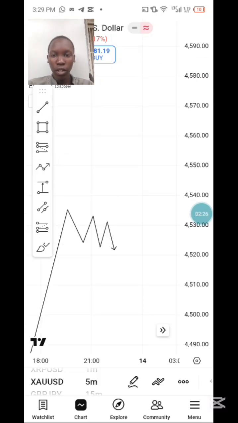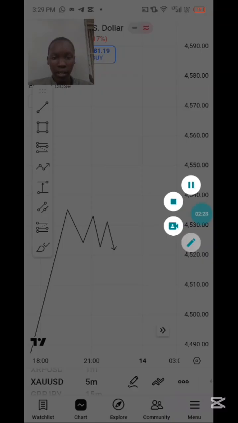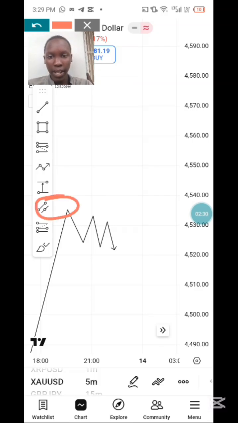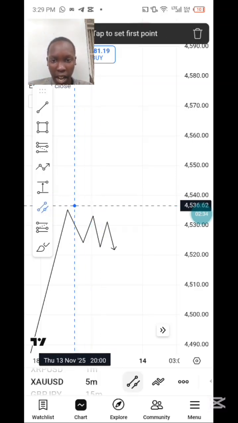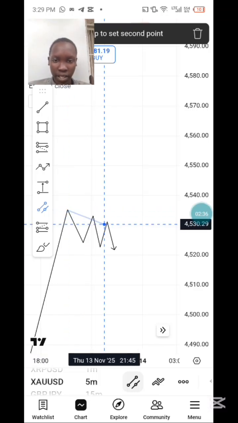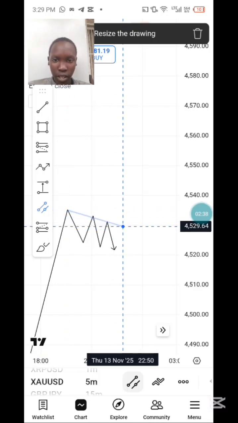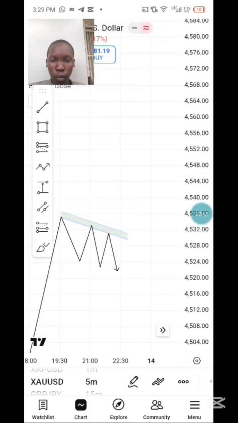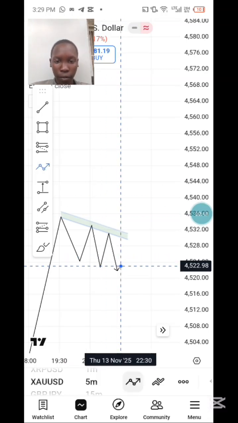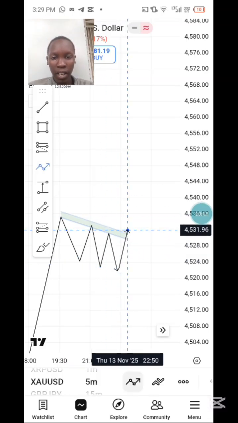You'll be using this tool here. You tap it and connect all the highs, then you give it some breathing room. Since we're in an uptrend, we shall not be looking for a sell, so we first wait for it to break.